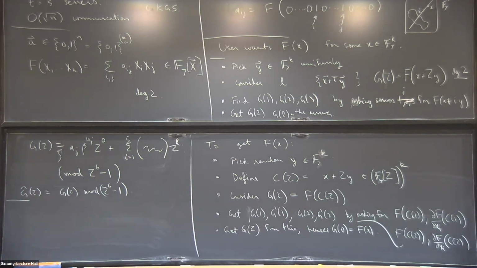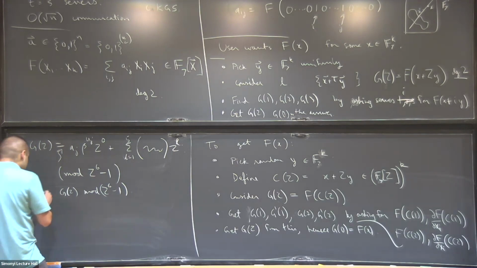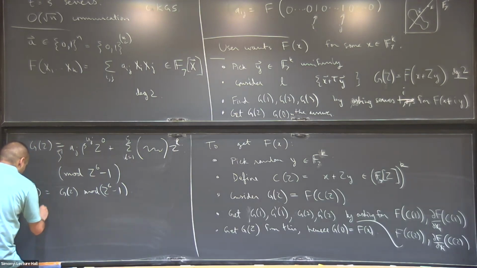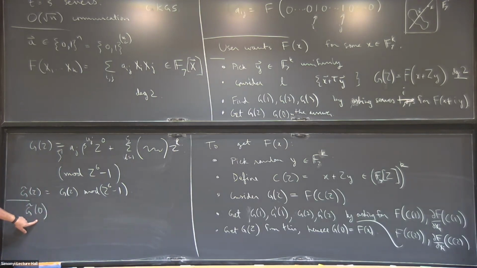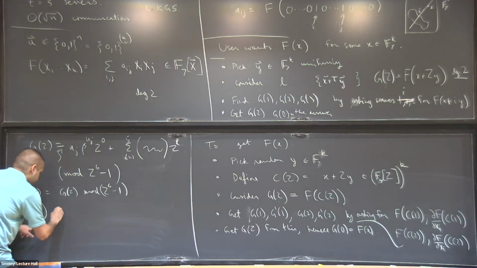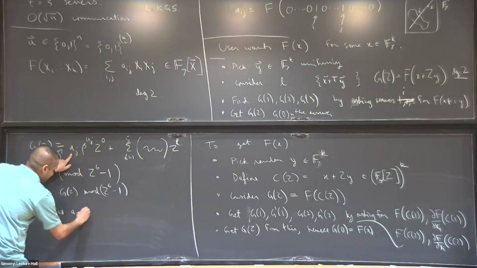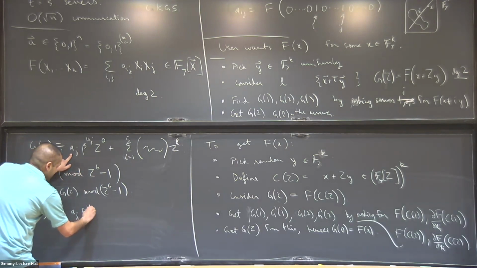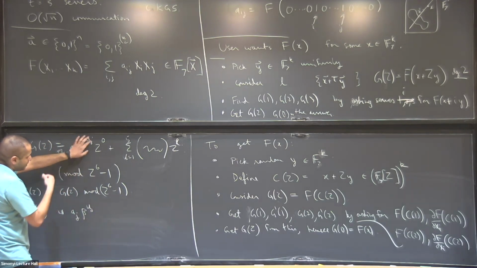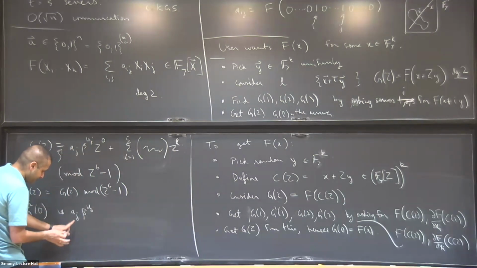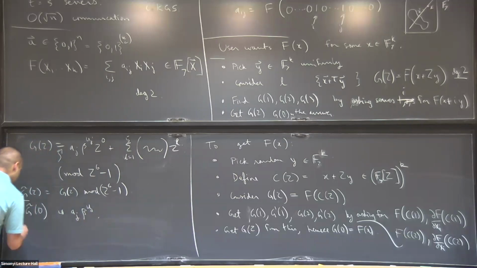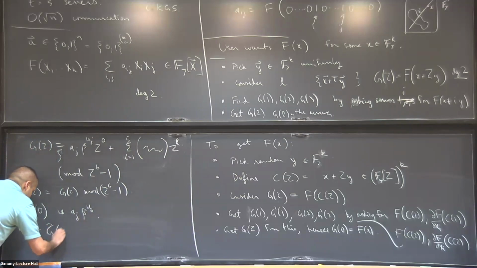And G tilde of 0 is our answer. Well, it's basically our answer. It's Aj beta to the Uj. Beta is a non-zero vector raised to a known exponent. So we can compute this ourselves, so we can get Aj out. So we want G tilde of 0, and this will give us our answer.